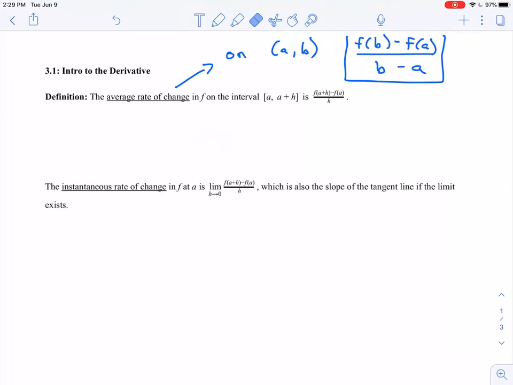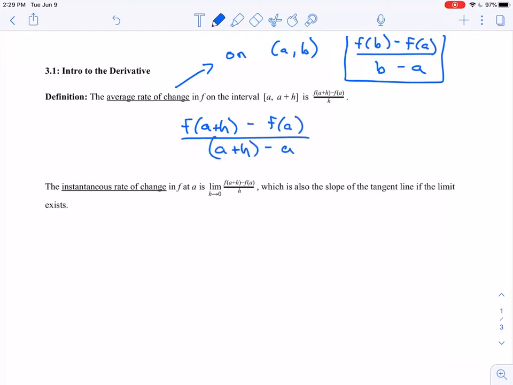It will become small as we see here in just a second, but if I want to know the average rate of change of our function f of x on this particular interval, this formula didn't just come from nowhere. We just kind of applied our average rate of change formula. We said f of a plus h minus f of a divided by a plus h minus a.